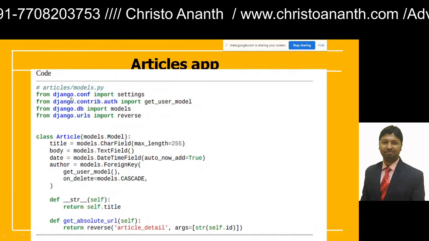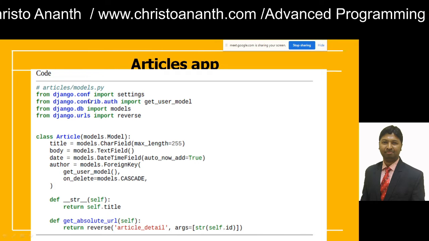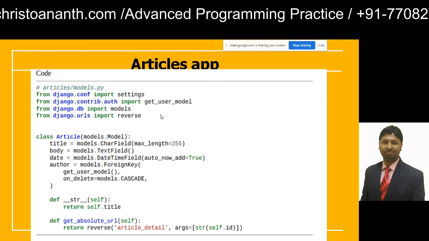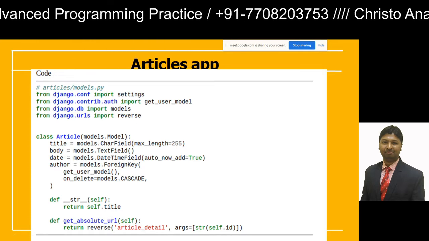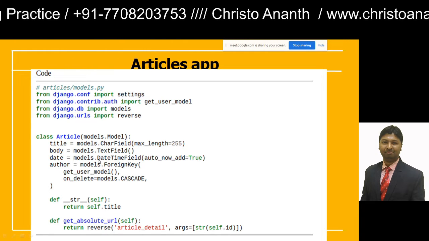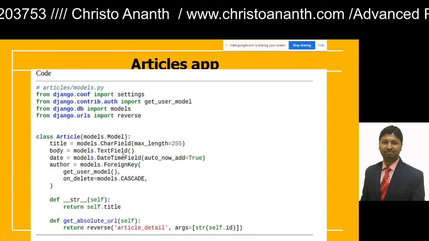And in the articles app, we go with the article search models.py. From django.conf import settings, from django.contrib.auth import get_user_model, from django.db import models, and then from django.urls import reverse. And then in the class Article with models.Model, you go with title, models.CharField, the maximum length being 255.